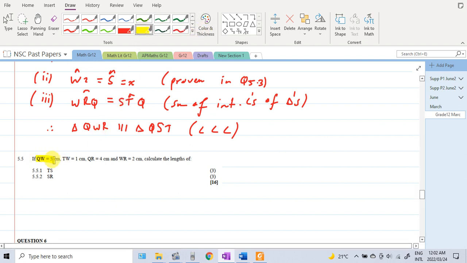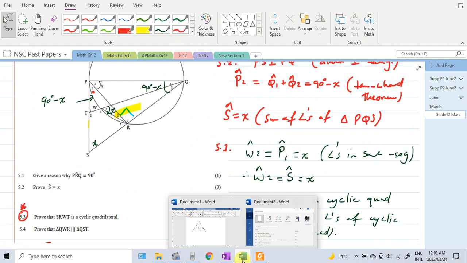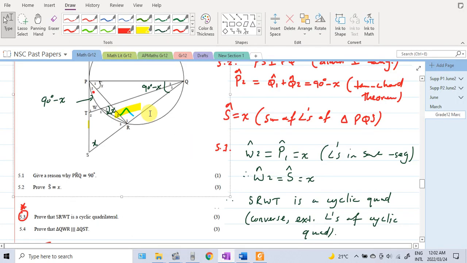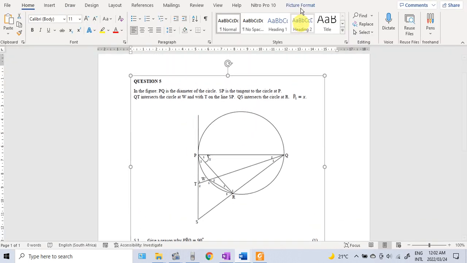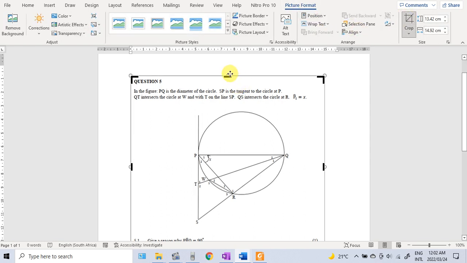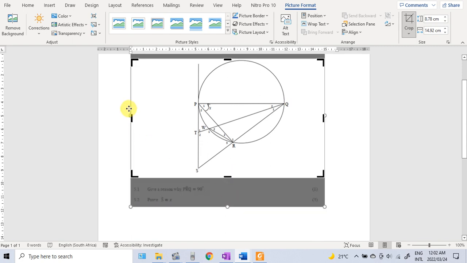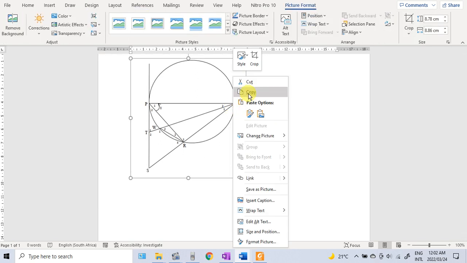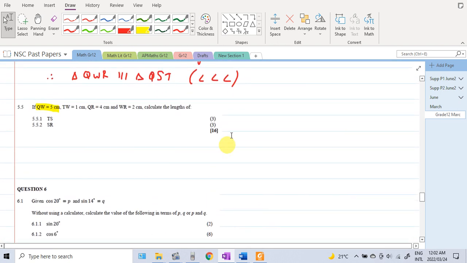Let's just pull out that piece of the diagram and put it there, because we have a bit too much information and all those highlighting and filling in angles. So let's work with the new diagram. When you are marking off your diagram, make sure you mark them off in pencil. I just want to put this diagram on the side because that's the information that we have so far.